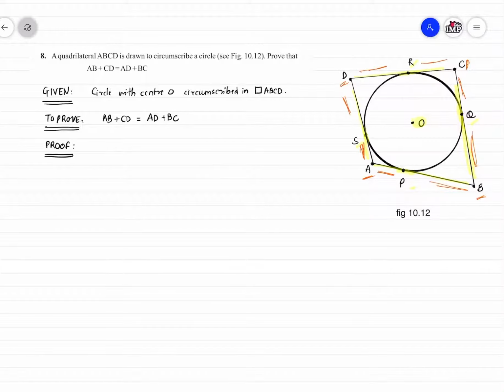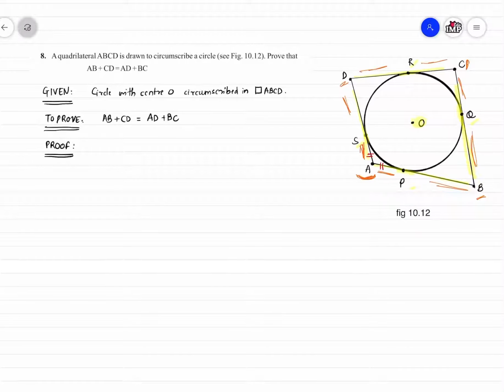So if we consider this point A here, I can say that AS and AP are the tangents drawn to the circle with center O from an external point A. And so according to theorem 10.2, the lengths of tangents will be congruent to each other. Let me just show this clearly over here, because we will be using that to prove.